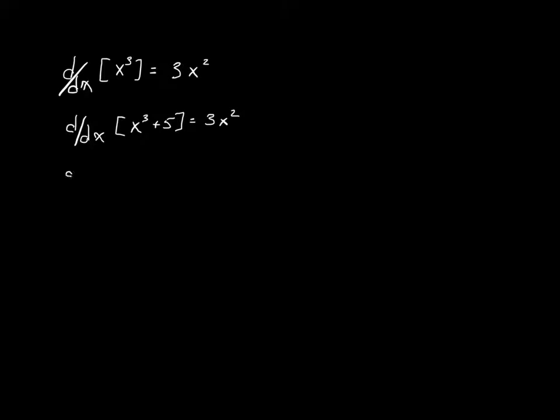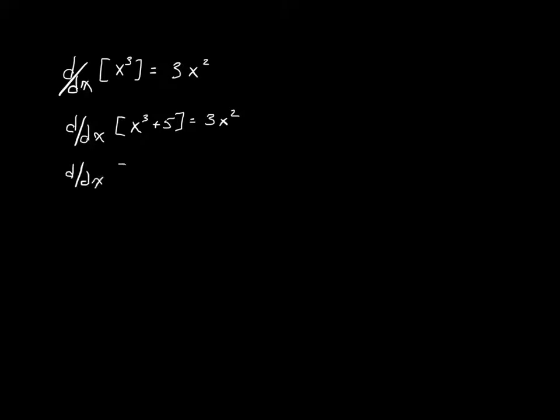Today we are learning about antidifferentiation. So we know at this point how to find derivatives. For example, we know that the derivative of x cubed is 3x squared. But also notice that the derivative of x cubed plus 5 is also 3x squared.